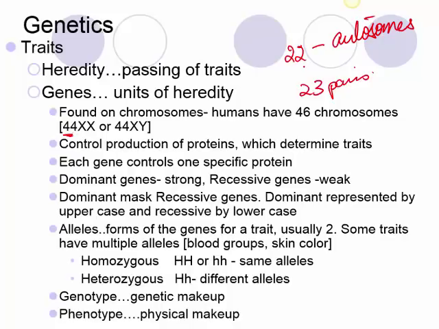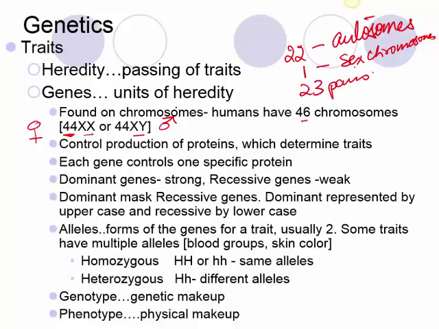And the last pair is the sex chromosomes, a pair of sex chromosomes. So that's how you have 23 pairs. Now, if I unravel the 23 pairs and represent it as 46 chromosomes, here you'll have 44 autosomes and 2 sex chromosomes. If it's a woman, it will be XX. If it's a male, it will be XY, and those are the symbols for male and female.